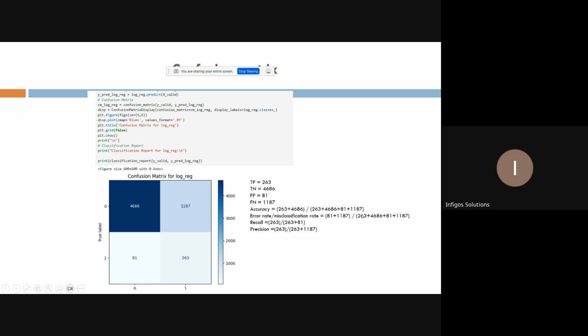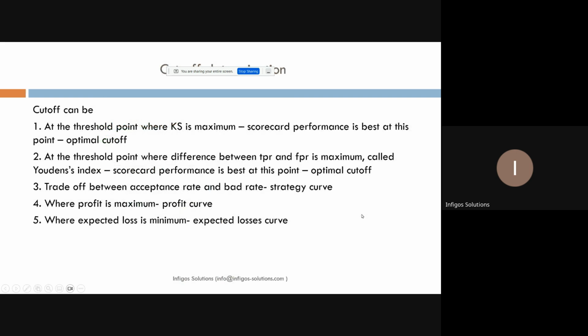So let me go into the cutoff, which is a very hot topic when you talk about scorecard. There are 5 different kinds of cutoffs. 2 are optimal cutoffs and 3 are cutoffs based on the financial performance.